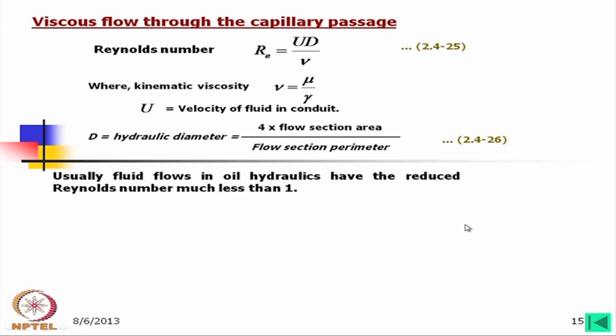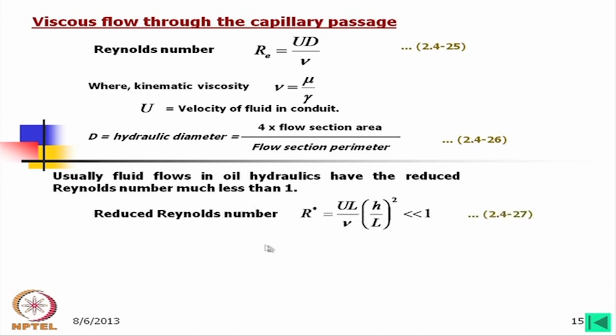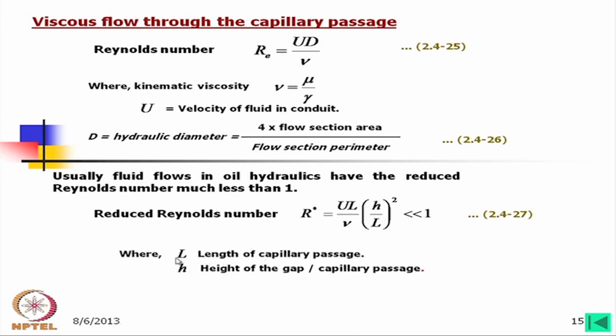Now, in case of fluid power, we consider a reduced Reynolds number, which is expressed as R star equal to U L by nu into (H by L) whole square. Normally, you will find this is much less than 1, where L is the length of the capillary passage and H is the height of the gap or capillary passage.